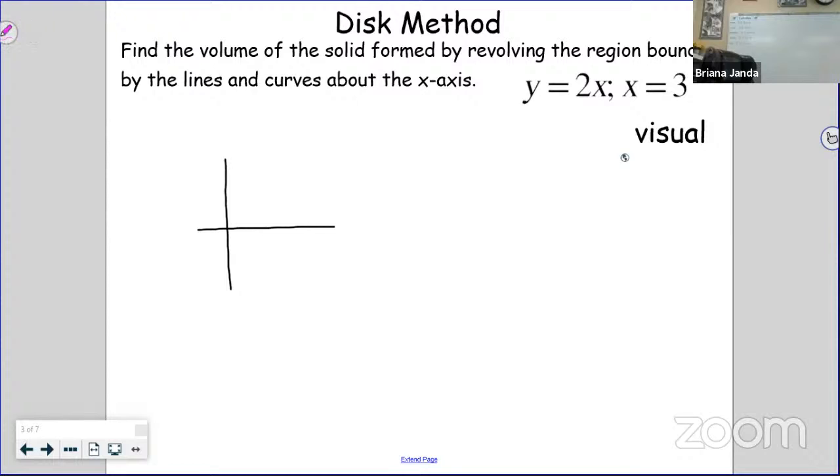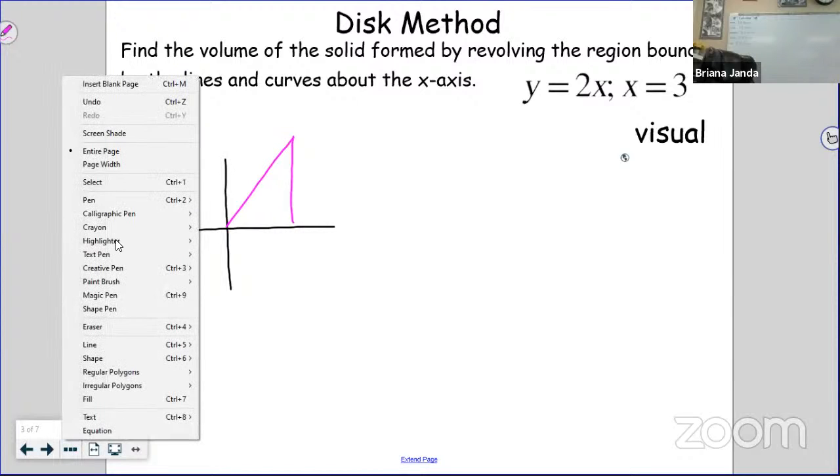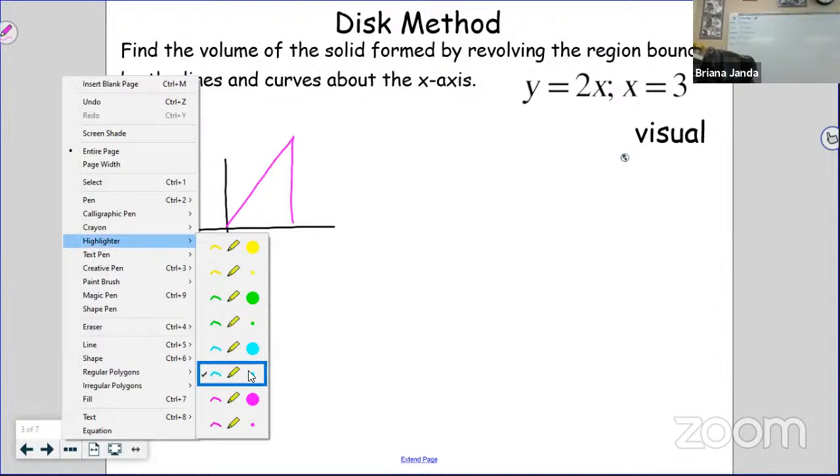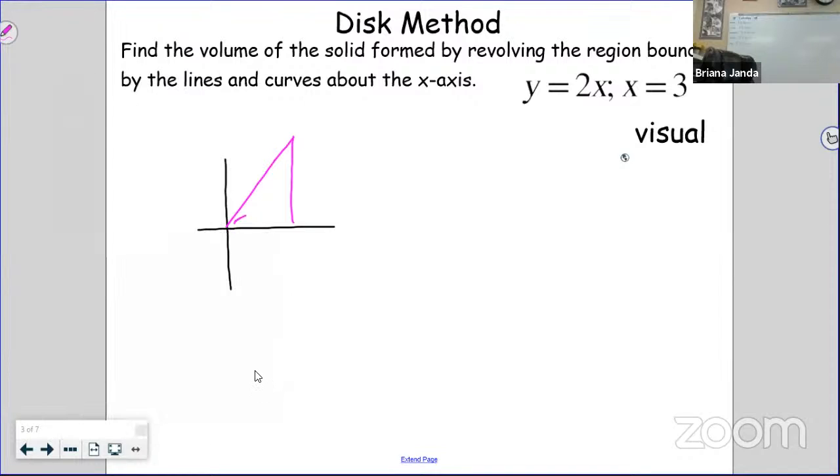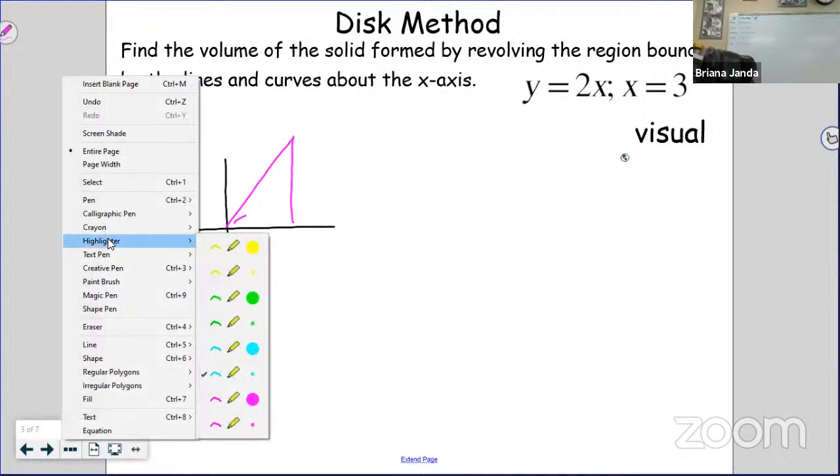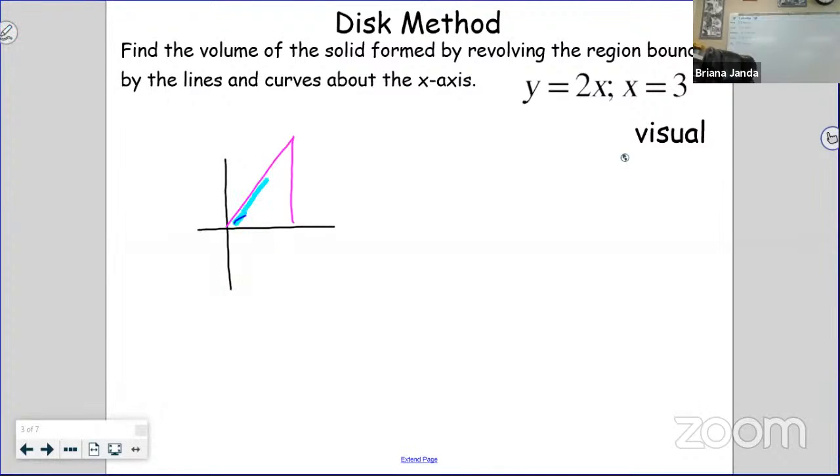They give us the function 2x and the function x equals 3, and we are looking at rotating that bounded region, which would be this area, around, this time, our x-axis.